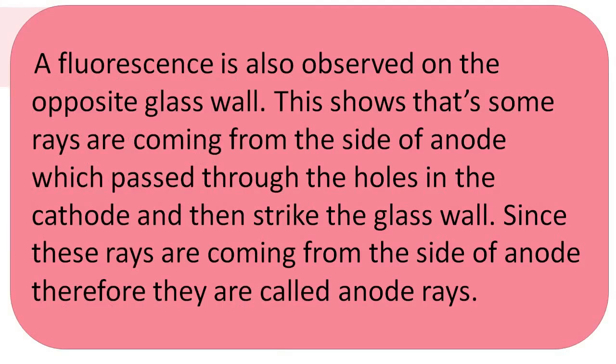This shows that some rays are coming from the side of the anode which pass through the holes in the cathode and then strike the glass wall. Since these rays are coming from the side of the anode, they are called anode rays.